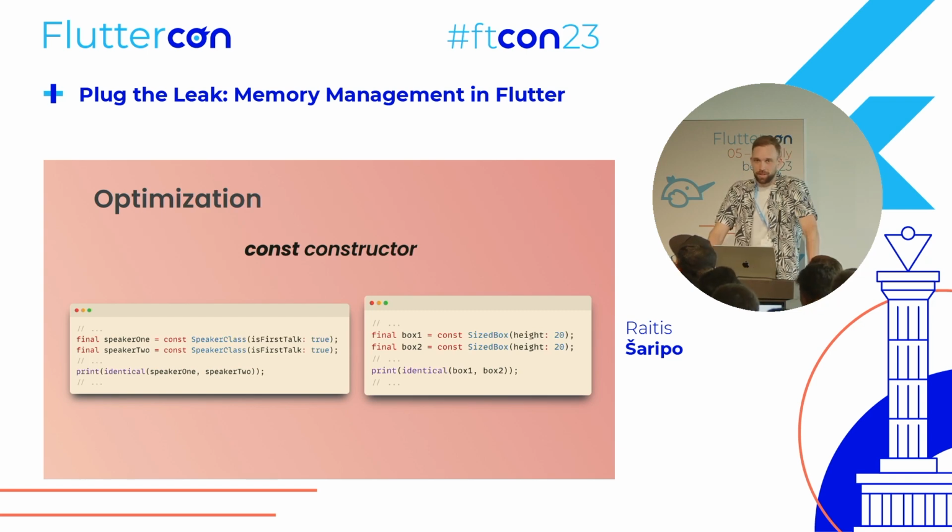All right, not that many hands, but I expected a bit more. I mean, using the identical method that compares the objects, it will print just true or false.